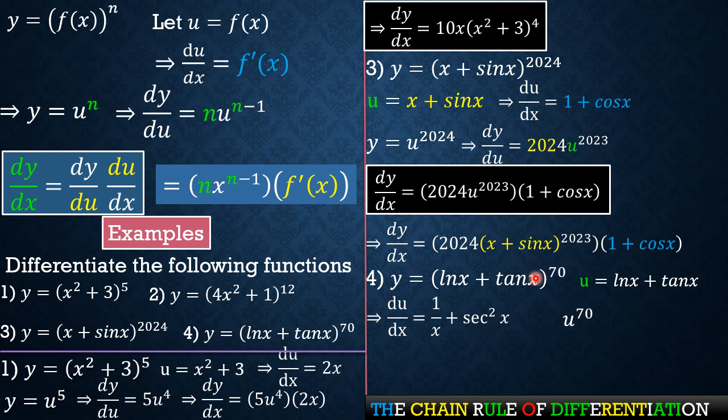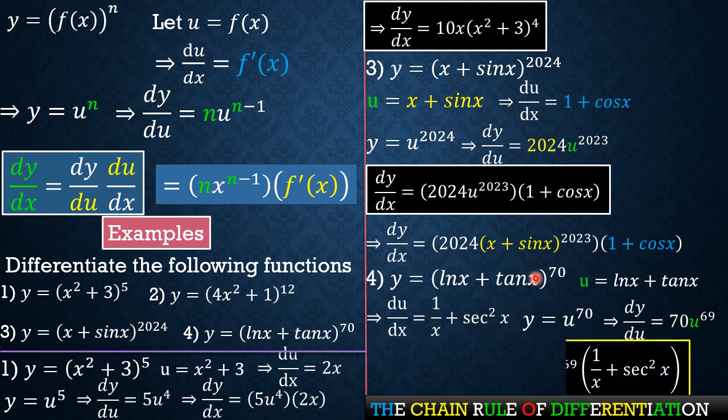That implies our y now becomes u to the power 70. In this case, dy by du becomes, applying the power rule, 70 u to the power 69.